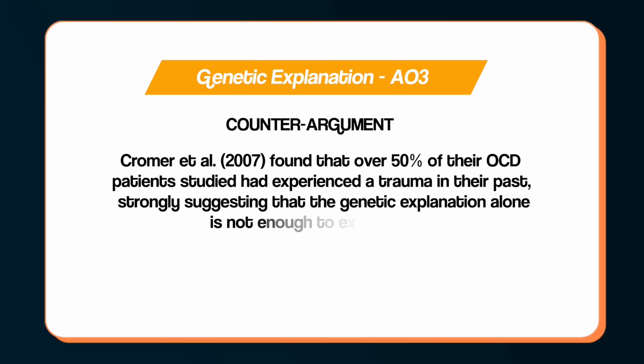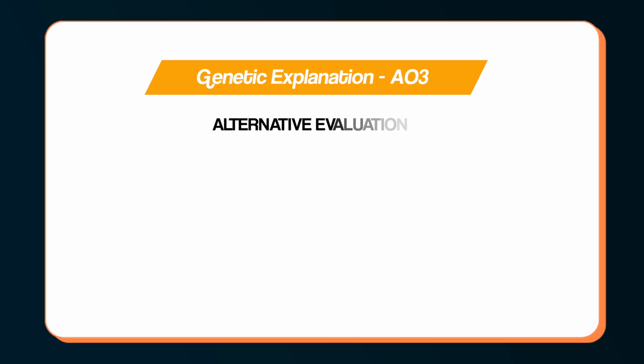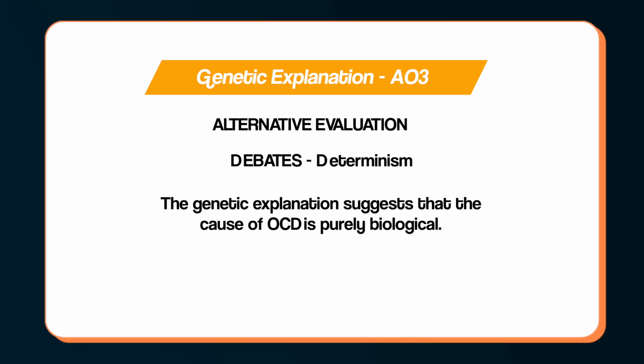In fact, Cromer et al. in 2007 found that over 50% of their OCD patients had experienced a trauma in their past, strongly suggesting that genetic explanations alone are not enough to explain OCD. That would be more than enough for 8 marks, but alternative evaluation might include the use of debates, such as determinism, whereby the genetic explanation suggests that the cause of OCD is purely biological.